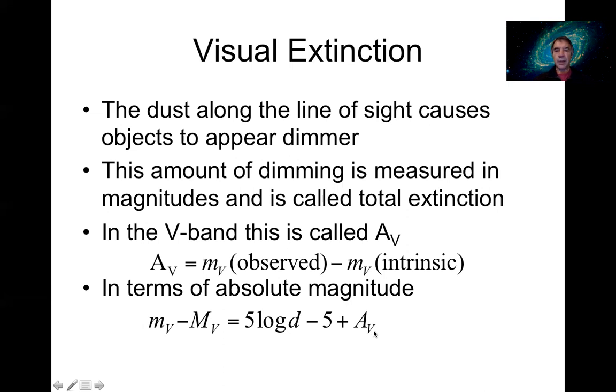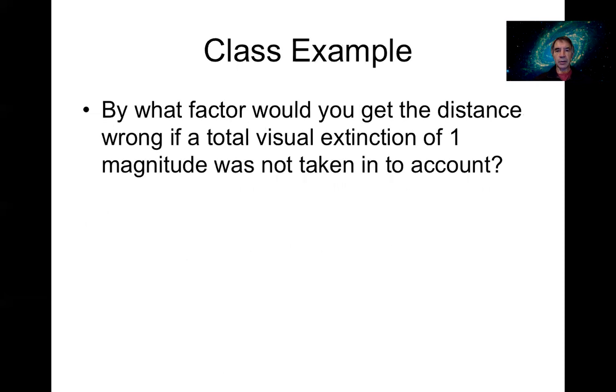So why don't you have a little go at seeing the effect? If you ignore the effect of dust, you can get into real trouble and derive completely the wrong properties for the object you're looking at. So to illustrate that to yourself, have a go at this little problem. By what factor would you get the distance wrong? I'm only after a factor here, okay?